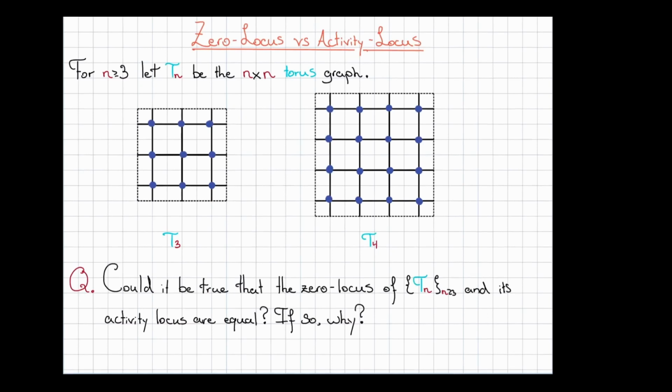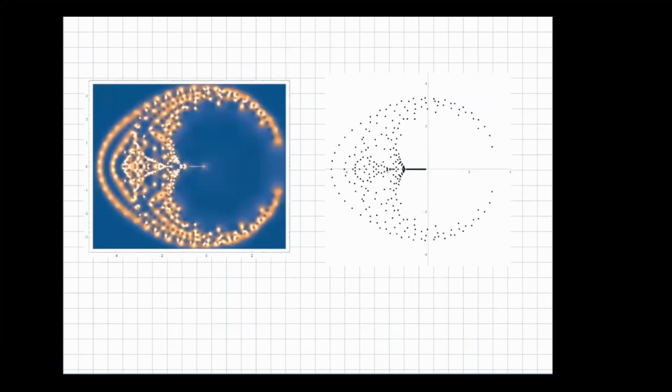Here, there is no such easy recursion in the background, but we have computer evidence that they might be equal. This is the computer picture that we drew. I should have put them on top of each other, but I couldn't. I only found these two pictures.